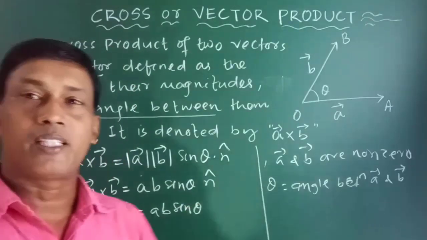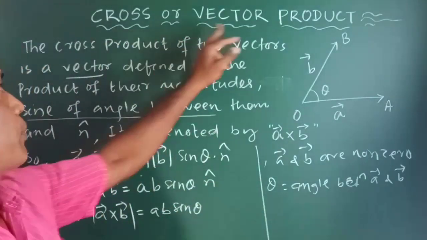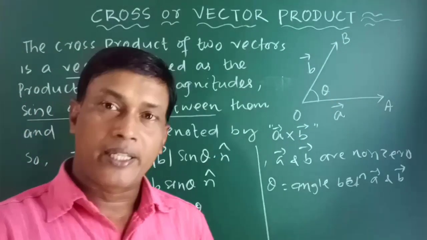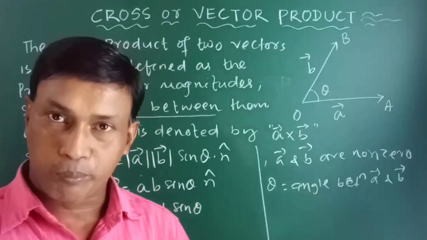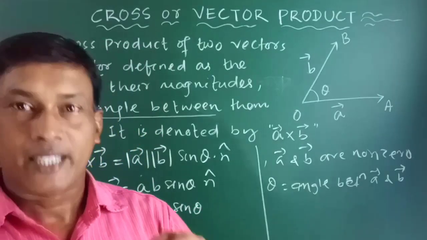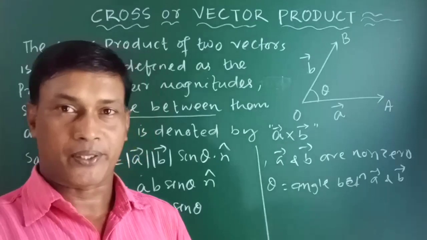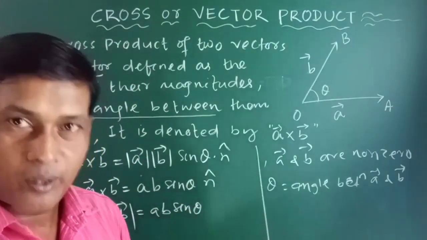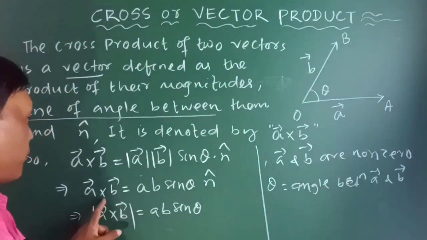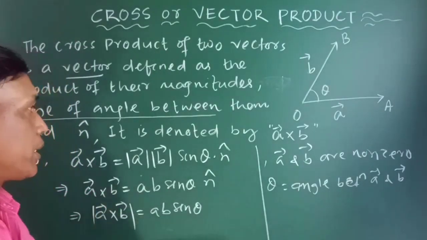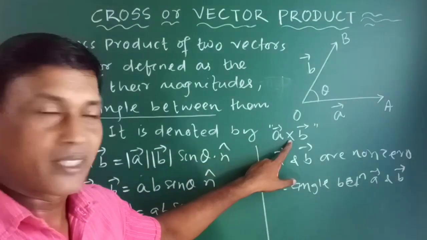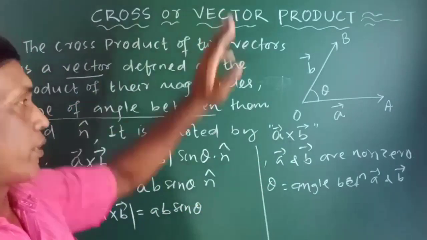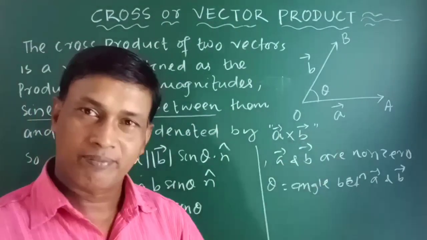As A cross B is a vector quantity, that's why this product is known as the vector product. In the case of the scalar product, the quantity resulting after the dot product was a scalar quantity, that's why it was the scalar product. But here the resultant quantity is a vector, that's why it is a vector product. And in the symbolic representation, we denote this product by the cross symbol, that's why it is known as the cross product. It is also read as A cross B.